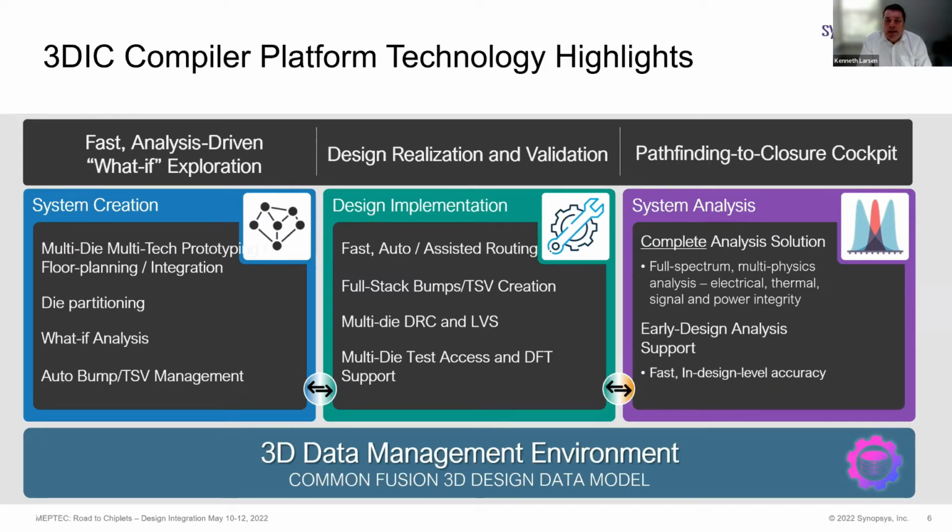In design implementation, we have dedicated routers, for example, for PCIe, HBM, and upcoming here with UCIe, to automate the process and speed up the overall turnaround time for our customers and our users when they're designing these complex systems. As I mentioned, we have representation for LVS, but we also have a built-in multi-die DRC route checking.